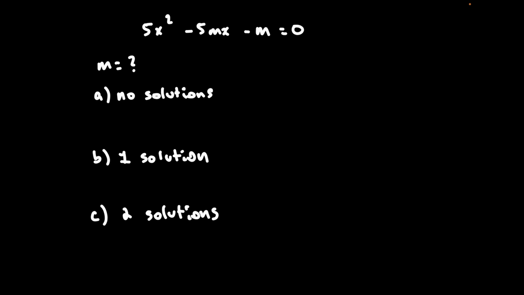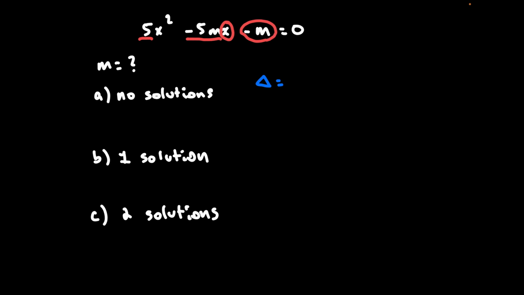Well, to solve for the values of m, we need to employ the discriminant. We need to be very careful. The values for a, b, and c are still the coefficients of x squared, of x, and the constant, respectively. The coefficient of x squared is 5, the coefficient of x is minus 5m, and the constant here is just minus m.